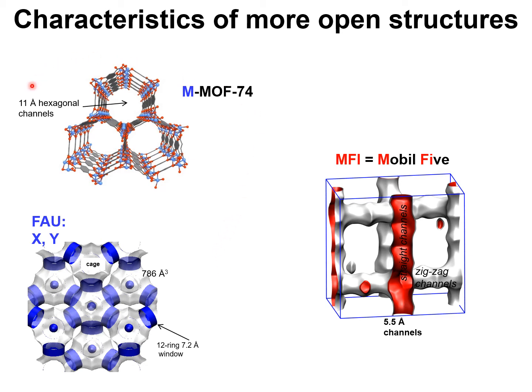They could be, for example, MOF 74 with 11 angstrom hexagonal channels, Faujasite type zeolites with 12 ring windows that separate cages of 786 cubic angstrom, MFI zeolite with straight channels and zigzag channels of 5.5 angstrom in size, could be MIL 47, MIL 125, and other materials such as copper BTC, MOF 177, etc.